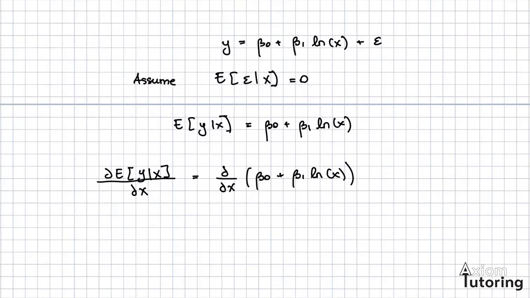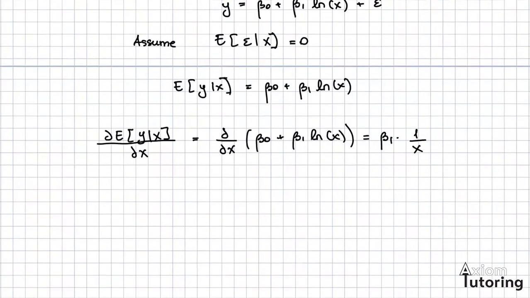We can easily see that beta 0 does not have an x associated to it, so that's going to disappear. We're left with the derivative of this part here, which using what we know about the log function is simply beta 1 times 1 over x.